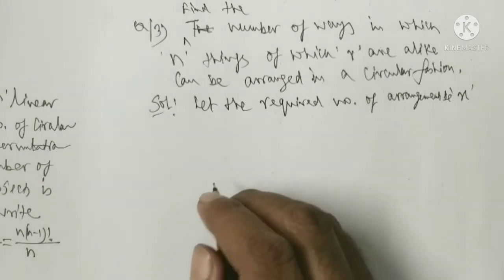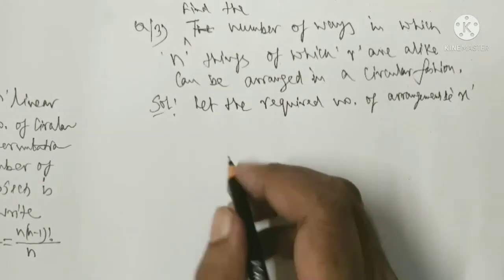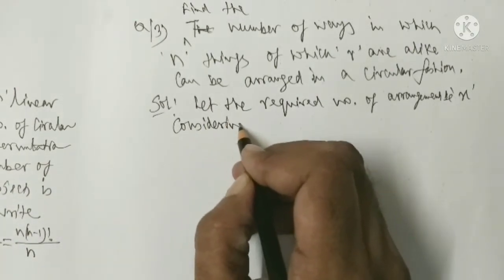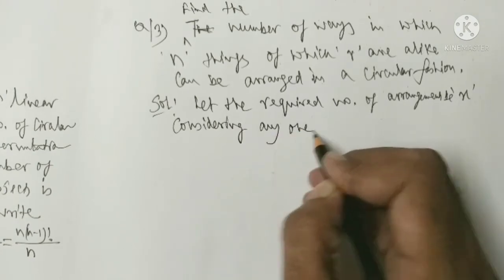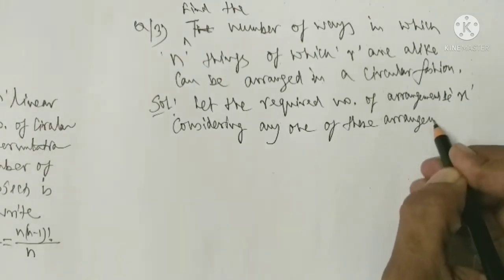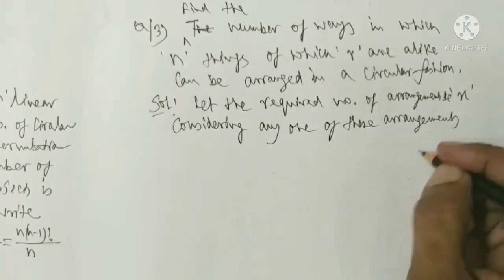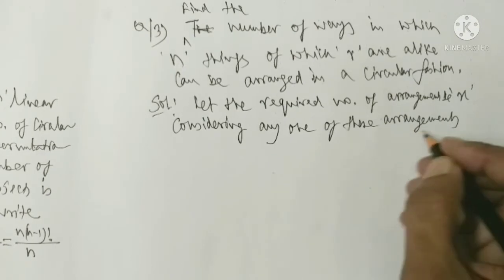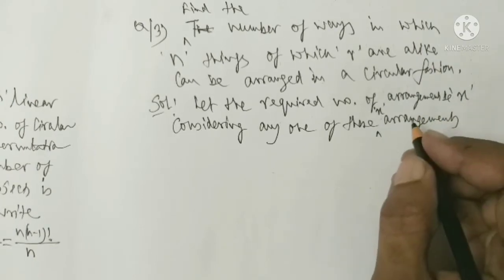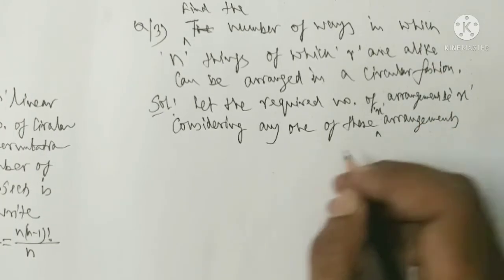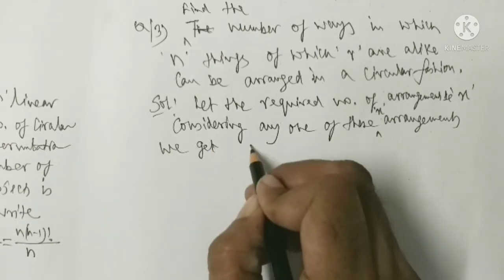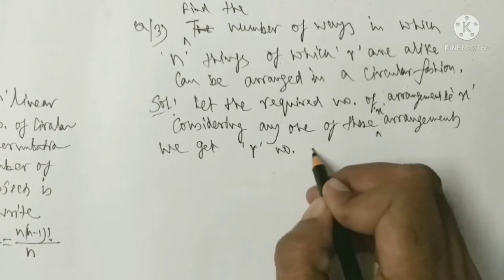x. Consider any one of these x arrangements. Considering any one of these arrangements, we get r number alike.